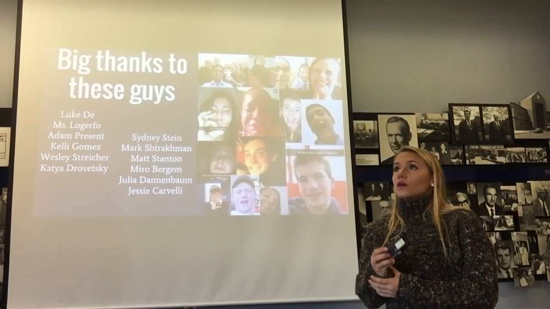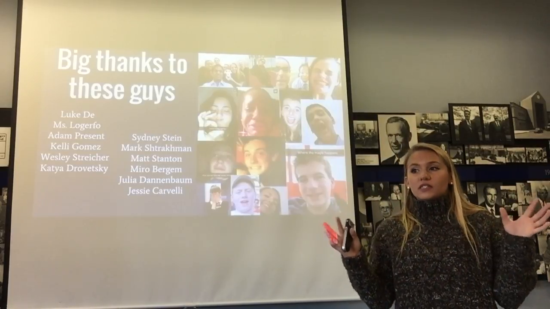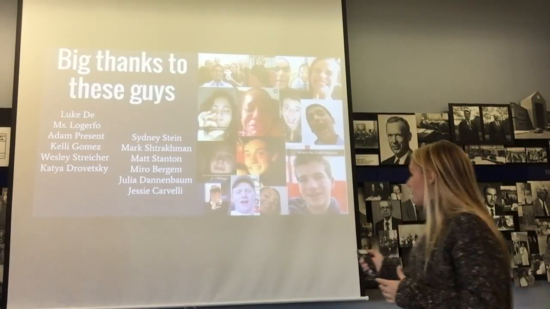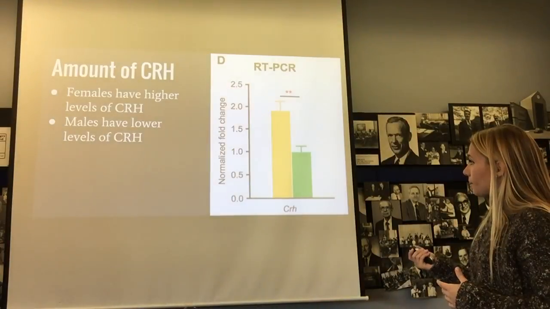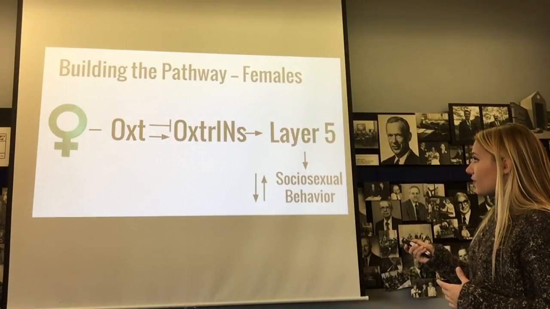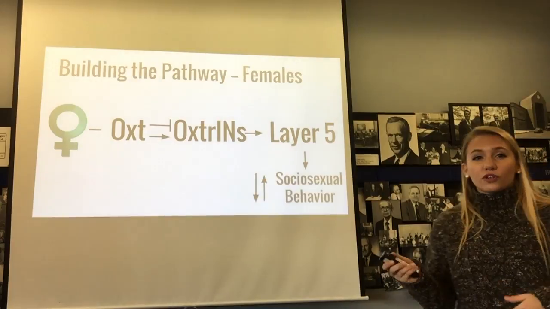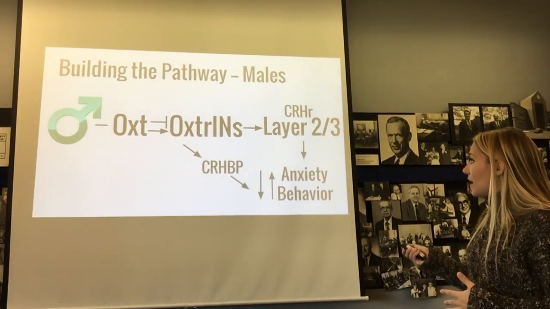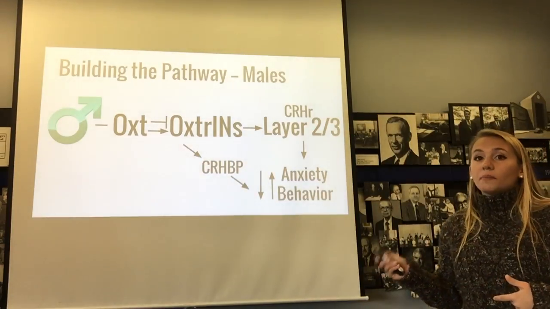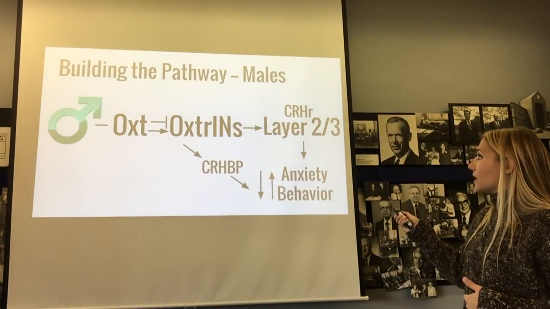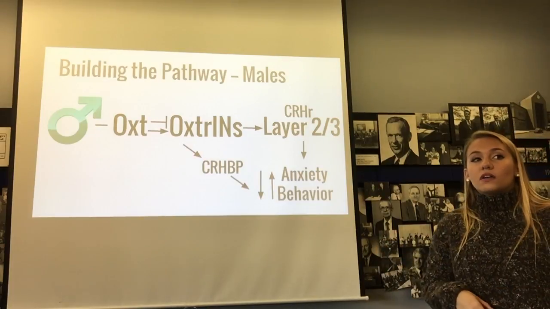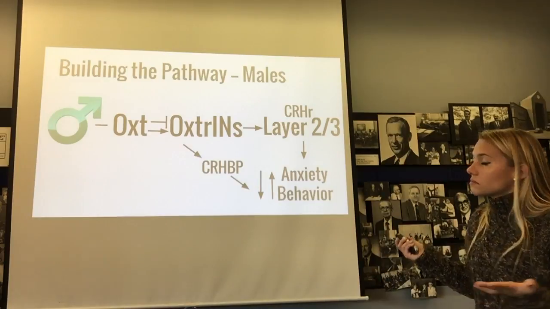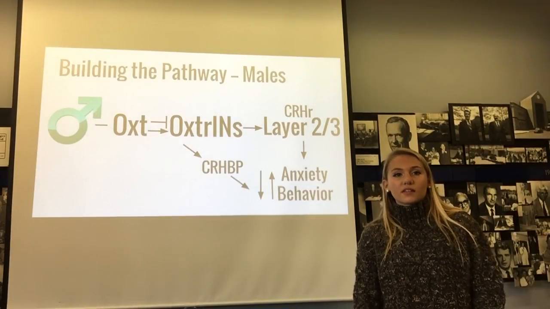So, females and males have the same brain composition, their layers are the same, but they're activating different things, because when this oxytocin receptor interneuron signals that CRHBP in males, it then affects the 2-3 layer, because that's what modulates anxiety because of the CRH. Meanwhile, in females, they don't have enough of that.